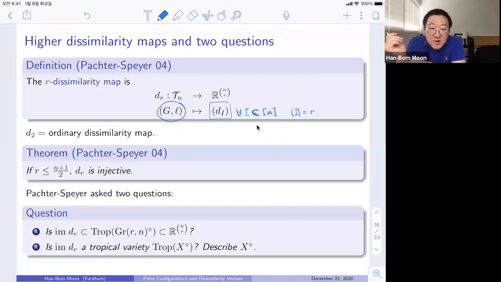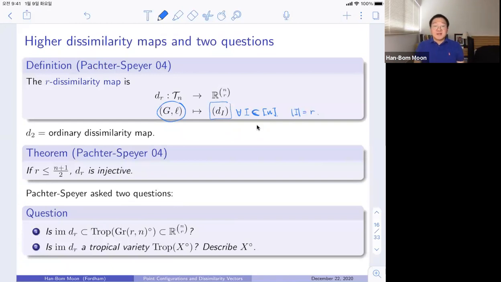So the answer of Pachter and Speyer is that if R is relatively small compared to the number of leaves, then this R-dissimilarity map is indeed injective, which means we can recover the original tree uniquely. Okay, so this is good news.